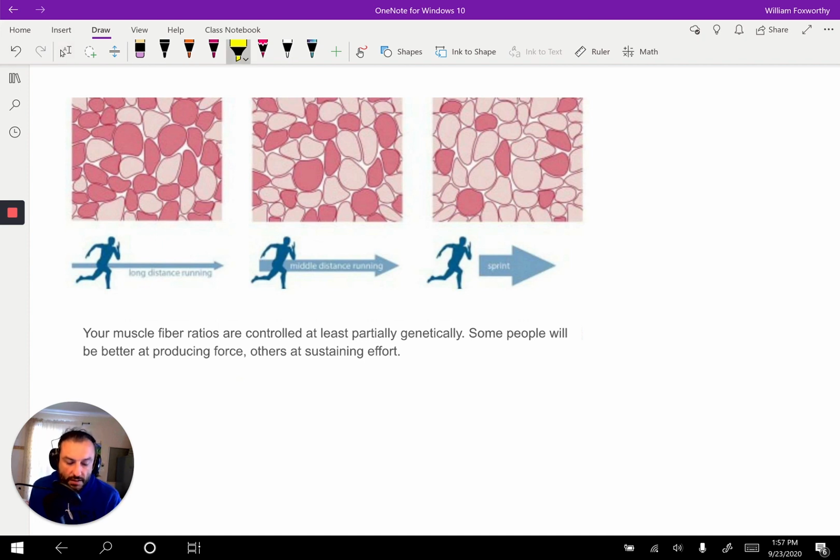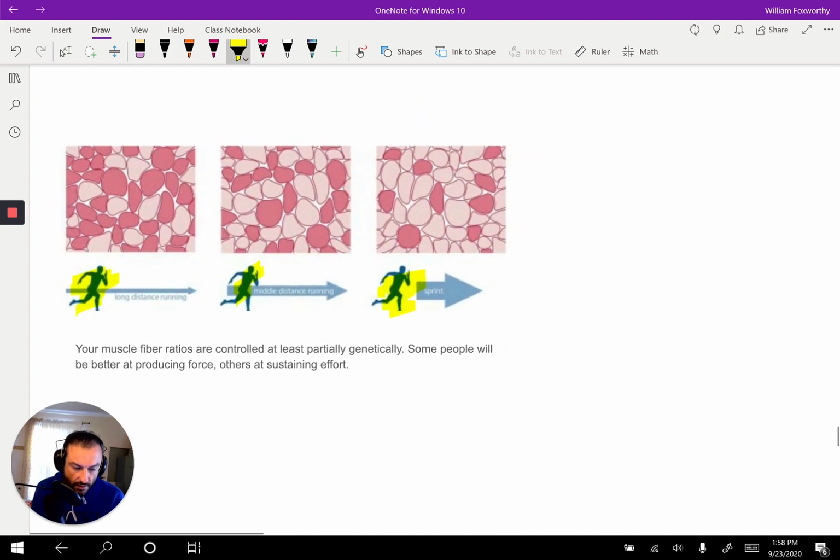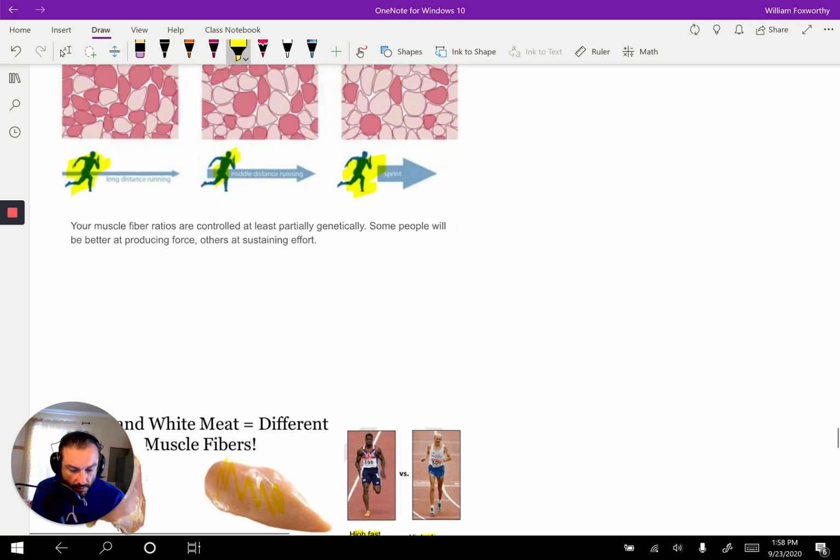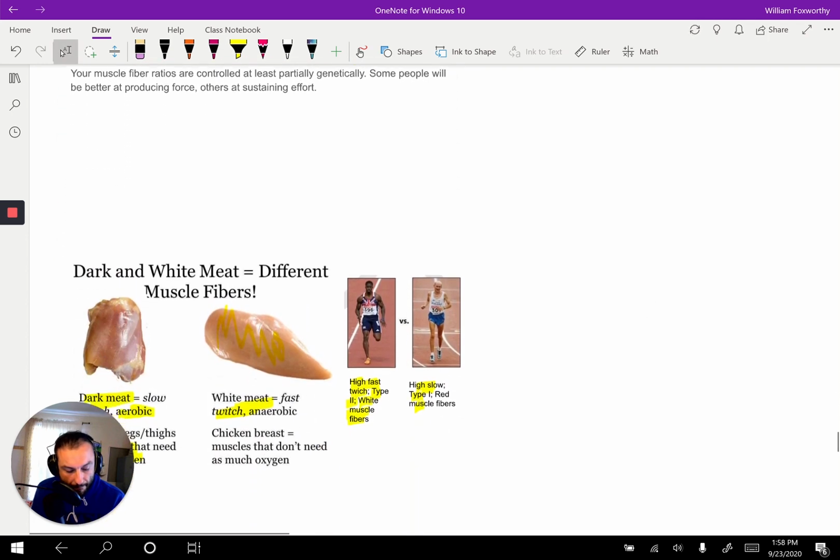But like I said at the beginning, if you have more slow twitch muscles, you're going to be better suited to sports like long distance running. The more fast twitch, or the more packed your muscle is with muscle fibers versus blood vessels, the better you'll be at power generation sports like sprinting. And of course, some sports also select for having a blended ratio. You need to be good at both power and endurance.